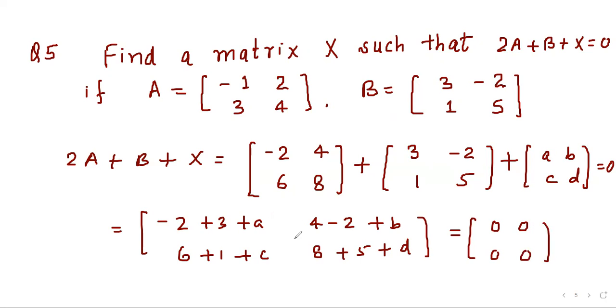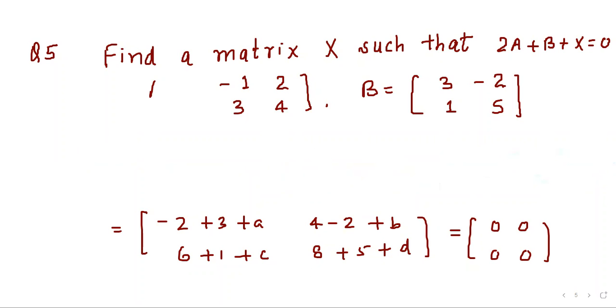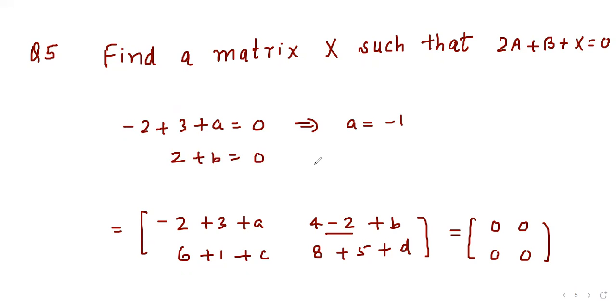Now we equate the corresponding values. So it will become minus 2 plus 3 plus a equal to 0, which implies a equal to minus 1. Similarly, 2 plus b equal to 0, which gives b equal to minus 2.